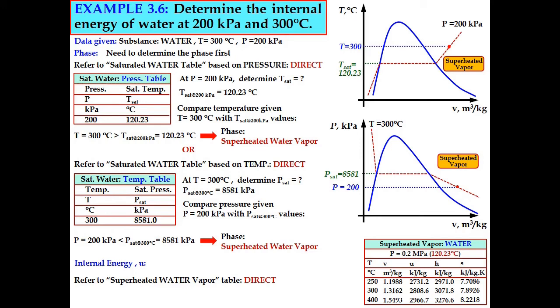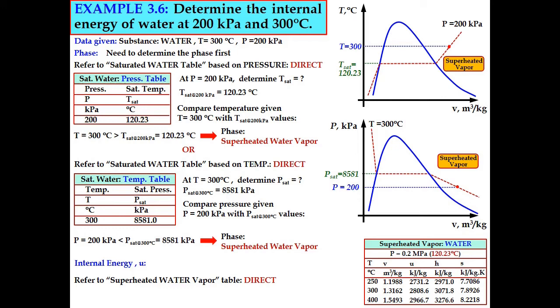There are a few tables based on pressure for superheated water vapor, and you need at least two data, pressure and temperature, which we have. Find the table for P equal to 200 kilopascal. The table title gives pressure in megapascal, so you need to convert: P equal to 200 kilopascal is also equal to 0.2 megapascal.